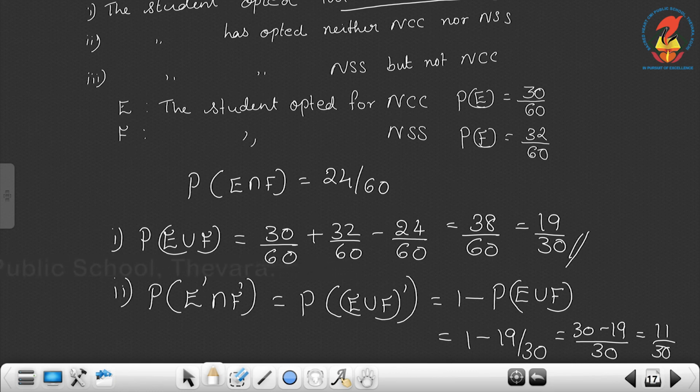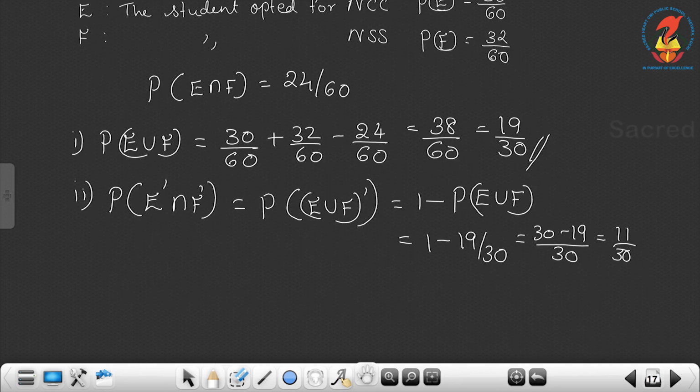Now, the last one: the student has opted NSS but not NCC. So, what is the symbol? NSS but not NCC.